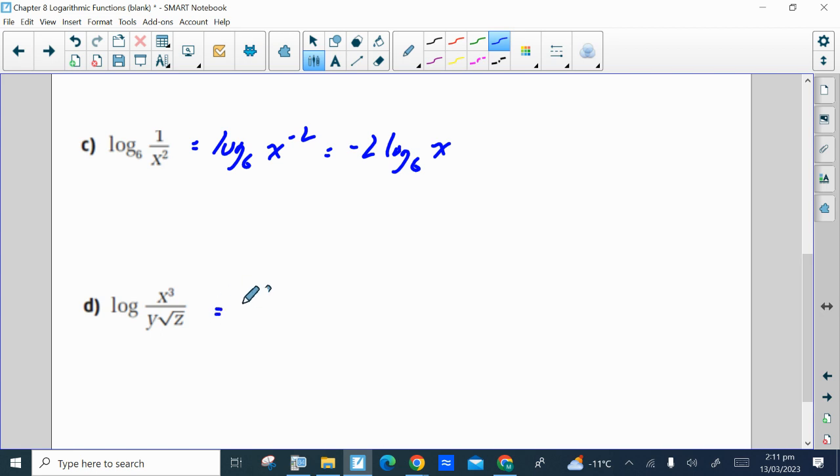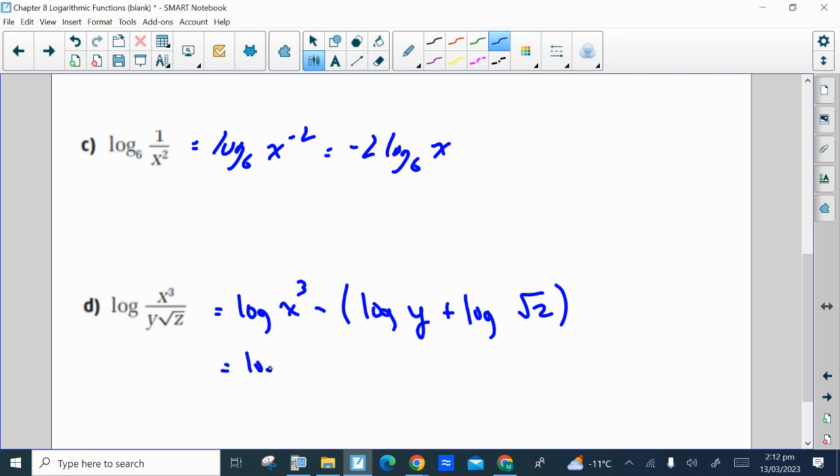Question D, you would expand this out, but you'd probably do it in a couple steps. It would be the log of x cubed minus, and in the brackets here, we would have the log of y plus the log of the root of z. So that would be the first step, and notice I've used brackets there to keep the y and the root z together.